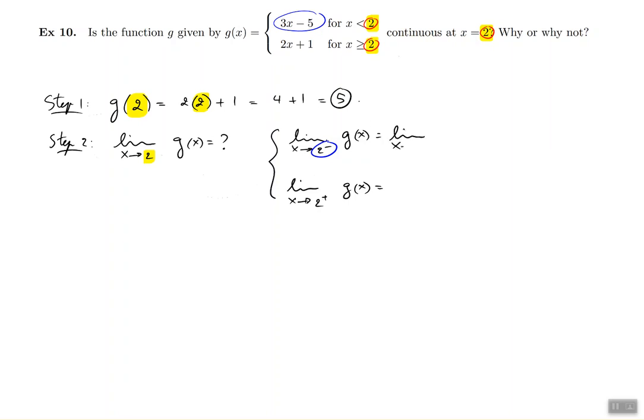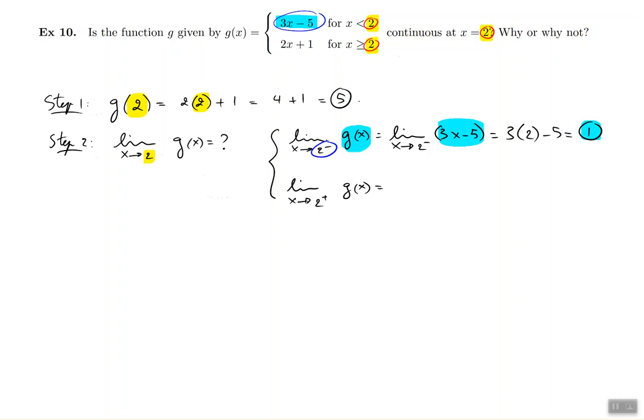Limit as x approaches 2 minus of 3x minus 5, because that is the equation that represents g of x right now when x is smaller than 2. And again, what you do is plug in the 2 into the x, and you're basically finished. So 6 minus 5 is going to be a 1. So the answer turns out to be a 1.